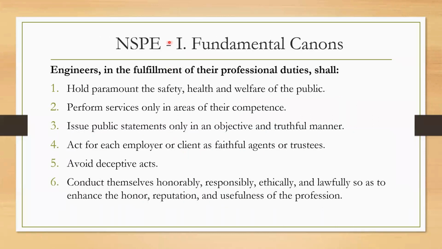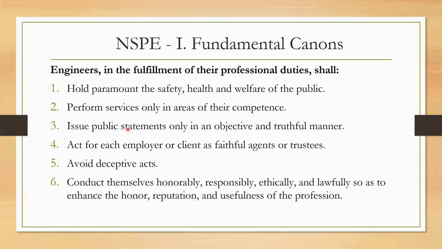After that, they start with the canons, which are the rules. What are the rules here? For example, safety, health, and welfare means that the engineer should consider the safety, health, and welfare of the public. Also, the engineer performs services only in his area.